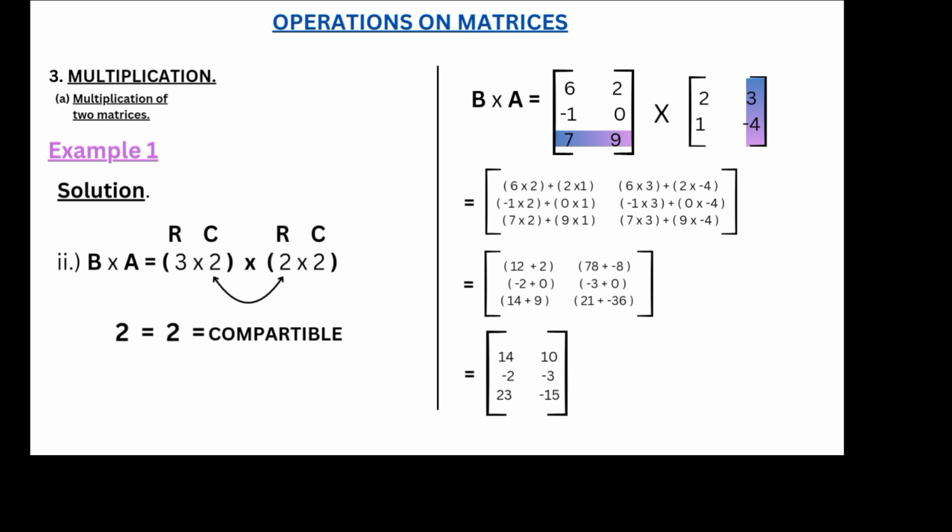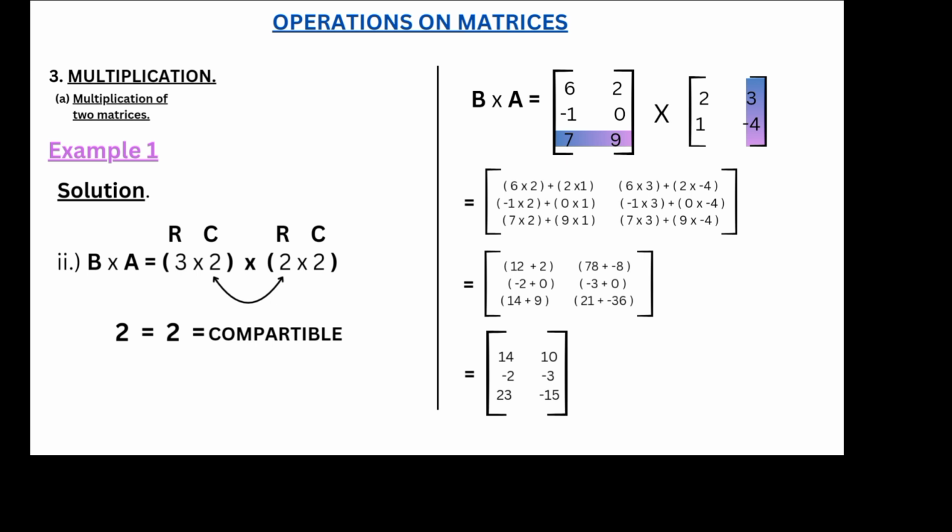So 6 times 2 is 12 plus 2 times 1 is 2. 6 times 3 is 18 plus 2 times negative 4, which is negative 8. Negative 1 times 2 is negative 2 plus 0 times 1 is 0. Negative 1 times 3 is negative 3 plus 0 times negative 4 is 0. 7 times 2 is 14 plus 9 times 1 is 9. 7 times 3 is 21 plus 9 times negative 4 is negative 36.